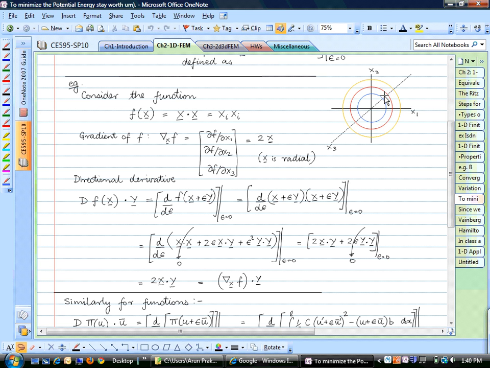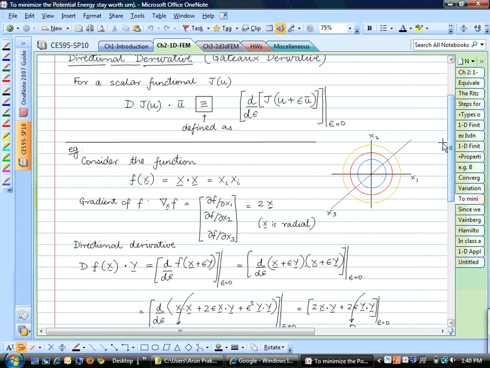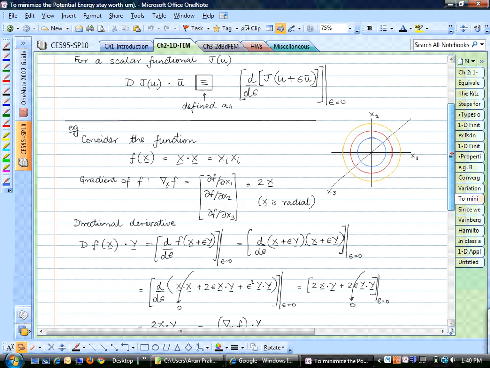If I move perpendicular to the direction of the gradient of f, then my change will be 0. So this is just a physical interpretation of the directional derivative. And a very analogous thing also happens when you write it out for a functional of some scalar function u.